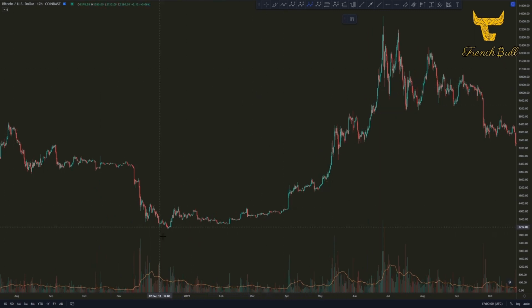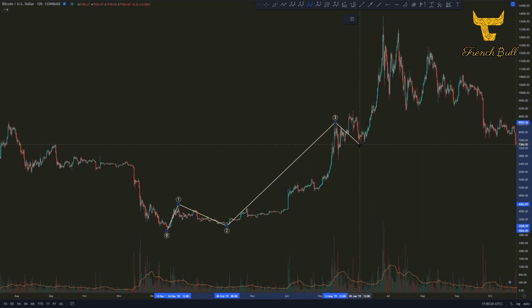So I'm going to take this part to show you what we are looking at. So we got here the first wave, a pullback for the 2, here we got a wave 3, sideways movement for the wave 4, and a final 5th.